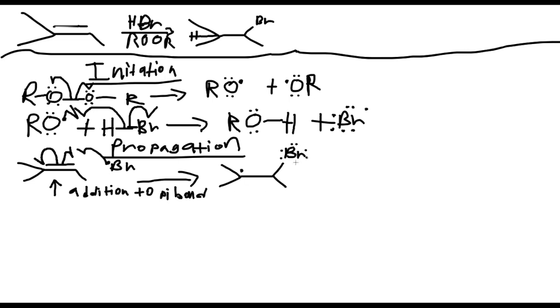Now, our next step from this part over here is that we are actually bringing the HBr, okay, again, the HBr from our problem. And now from here, the radical comes and forms a bond with the hydrogen, right?